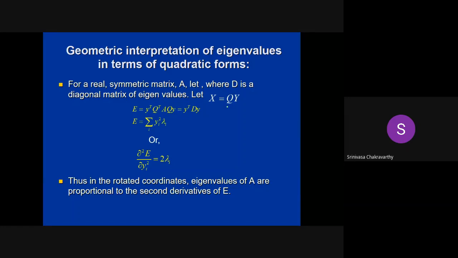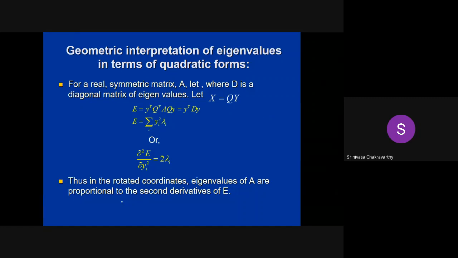For the transformation, I am looking at an orthogonal transformation. That is, I let x equal to Qy, where Q is an orthogonal matrix corresponding to the matrix A. We said that if A is a symmetric matrix, there is a corresponding orthogonal matrix; we have already shown that theorem.